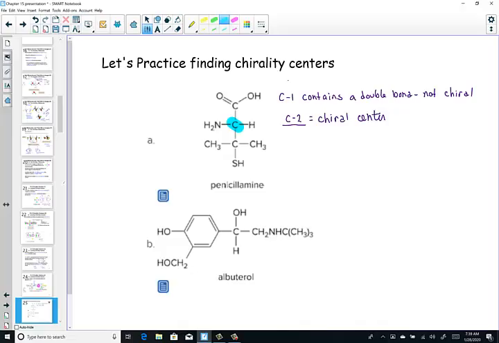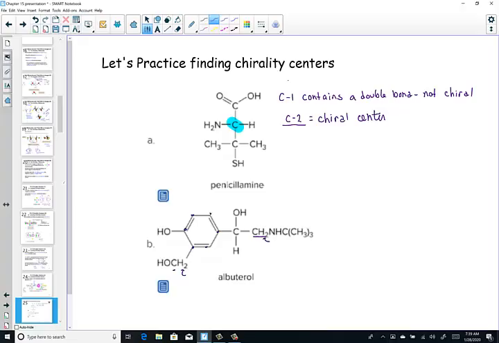Well, I can just kind of begin looking around and notice that anytime I have carbons in a multiple bond, such as this aromatic ring, I'm not even going to examine them. Here's a carbon, but I see it's attached to 2 hydrogens, so I'm not going to examine that. It doesn't have 4 unique attachments. Anytime I see a CH2, there's 2 hydrogens on that carbon, it doesn't meet the criteria.